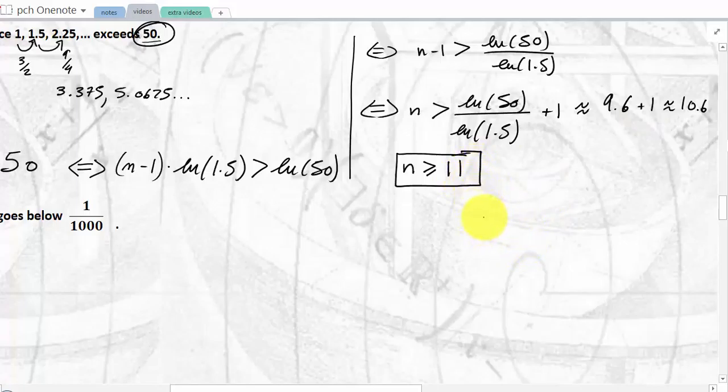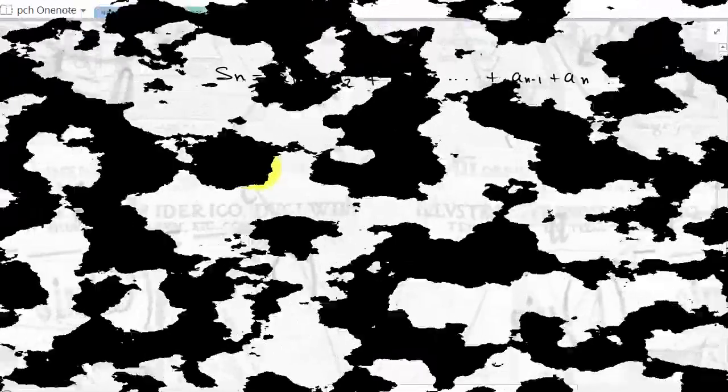Okay? All right. Let's go over the sum of the first n terms of a geometric sequence. I want to find a formula that gives me the sum of the first n terms of a geometric sequence. We're going to derive this formula. In the arithmetic sequence, we rewrote the sum but reversed the order.